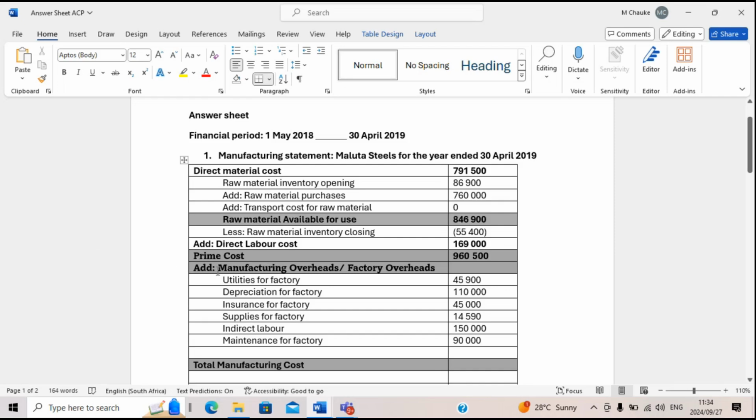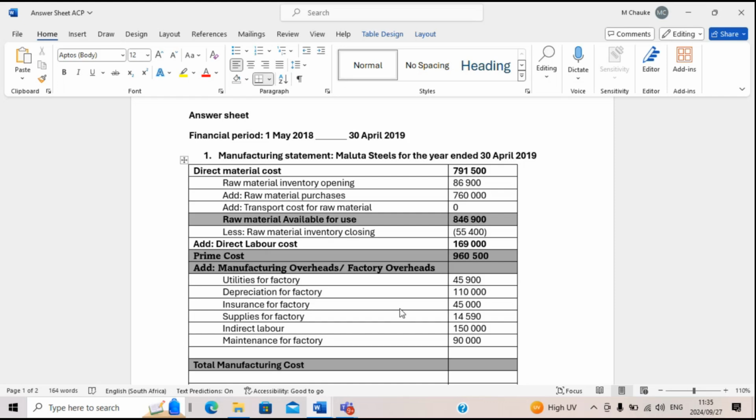And then in order for you to calculate your manufacturing overhead, you have to add all of these expenses. So let's see how much it is going to give us. We're going to say 45,900 plus 110,000 plus 45,000 plus 14,590 plus 150,000 plus 90,000.